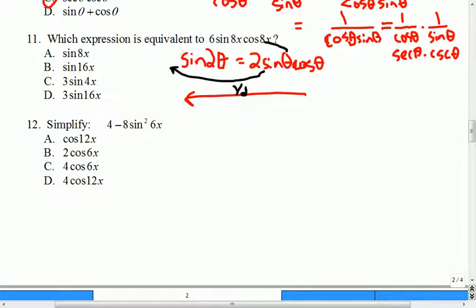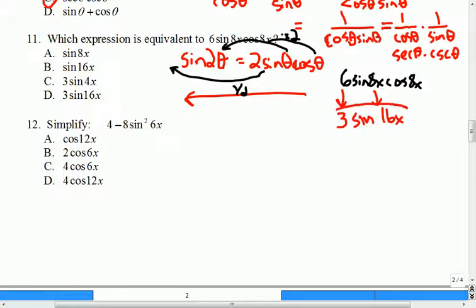And the angle is going to be doubled. So if I apply that pattern to the question here, that means 6 sine 8x cos 8x. I'm going to half this value, and I'm going to double the angle. So the answer is going to be D.